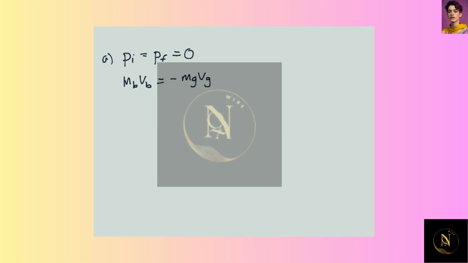Now from here we can substitute these things in to figure out how fast the girl is going. The boy has a mass of 65 kilograms and he has a velocity of 2.9 meters per second. And that's going to be equal to minus the girl's mass, which is 40 kilograms, multiplied by the velocity of the girl.